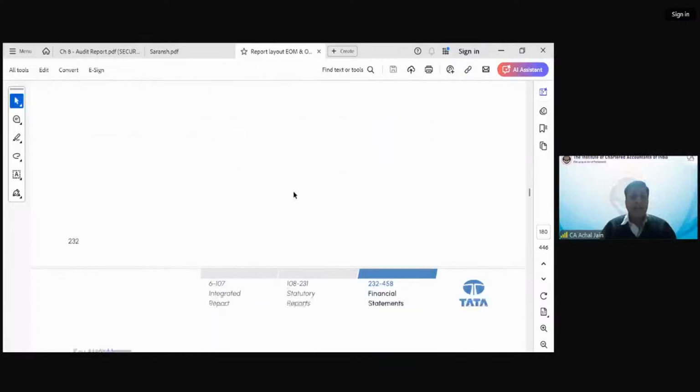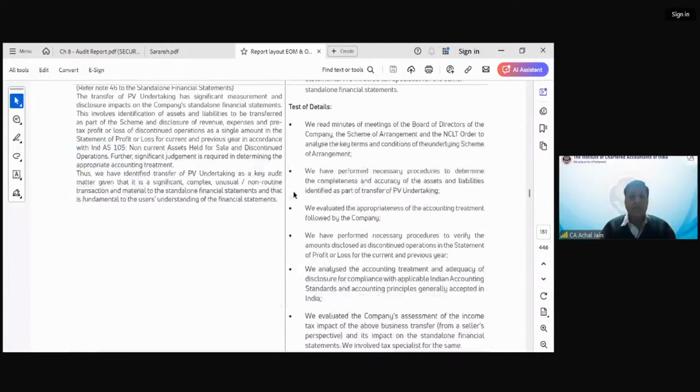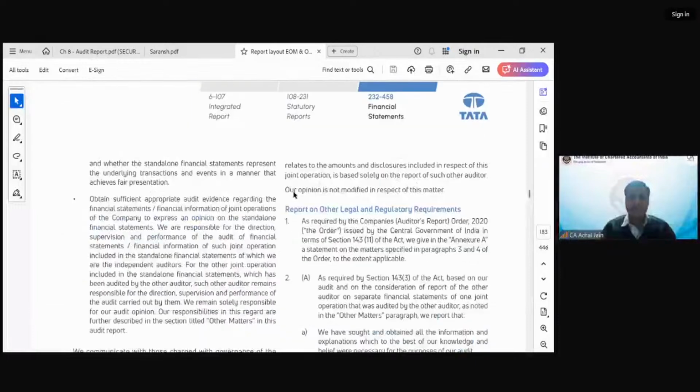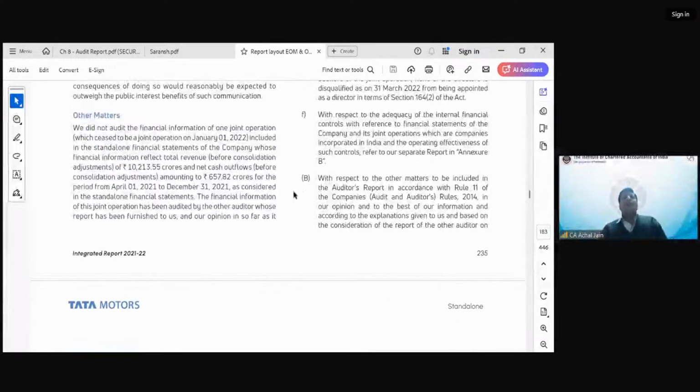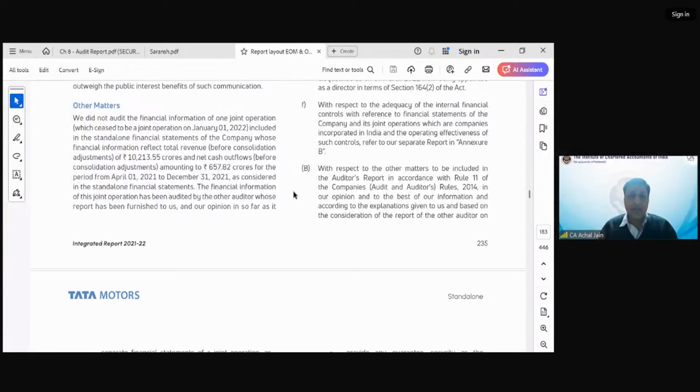Okay, now I understand in this report, we also have the other matter para. So let me just look. Okay, yeah. All right. So let's look at this other matter para. Let's try to read this para. In this para, auditor is saying we did not audit the financial information of one joint operation included in the standalone financial statements of the company, whose financial information reflects total revenue of 10,000 crore, net cash flows amounting to this, so and so, as considered in the financial statements.